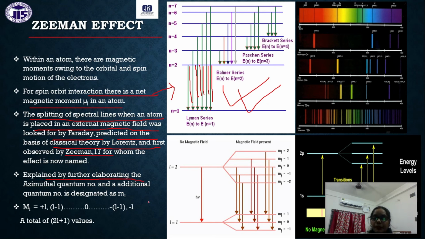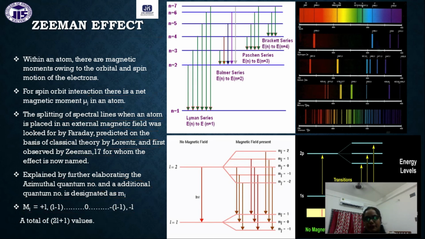This can be explained further by elaborating the azimuthal quantum number, and that is why we have introduced another quantum number, the magnetic quantum number, m l. The value of the magnetic quantum number is plus l to minus l, and the total number of values is 2l plus 1.